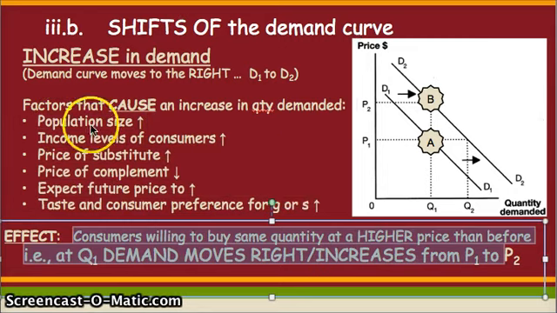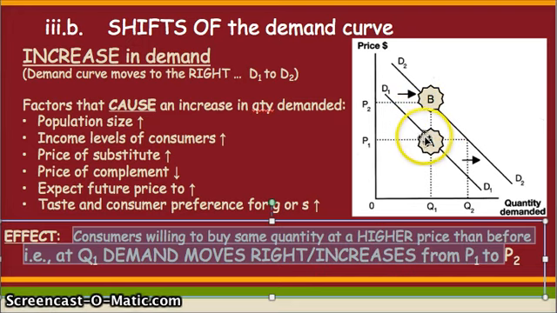So now we're looking at how these items over here have changed demand. So, for example, a population has increased, so there are more items now in demand. Demand curve moves to the right. Income levels of consumers have increased. So again, more in demand because they can afford more. Demand moves to the right. There is a shift. Demand increases.